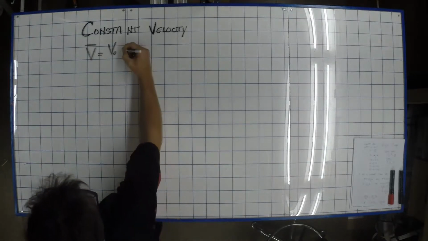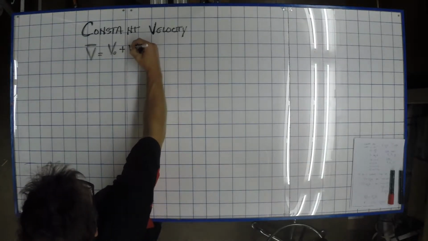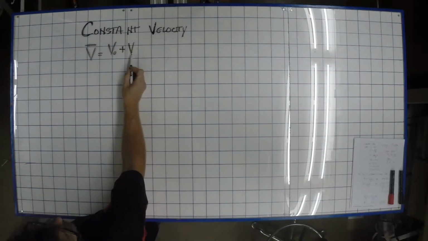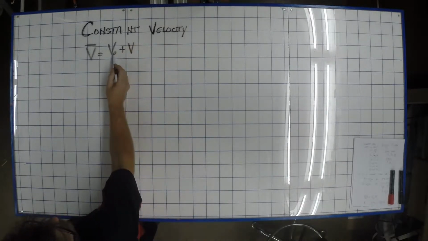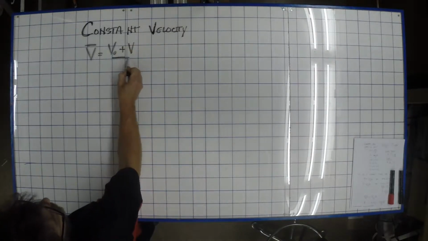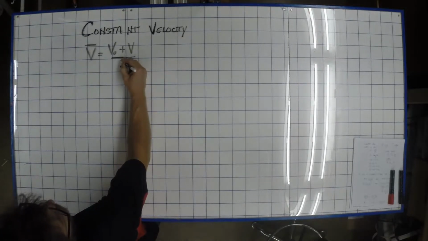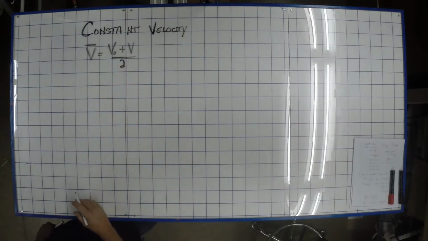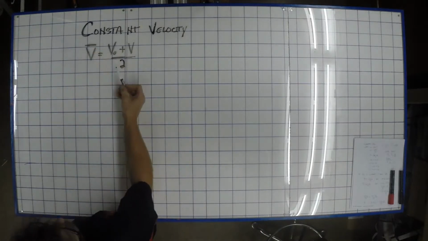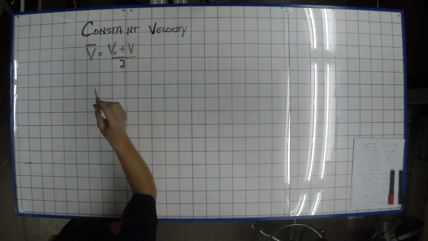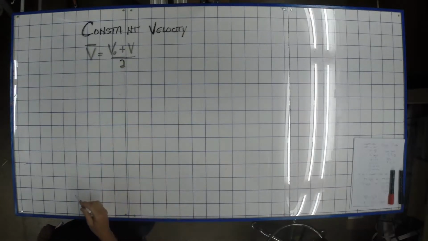And how do you average 2 numbers? Well, you add them together. So this would be, of course, your final velocity at some later time. This is your initial or starting velocity. You would add them together and divide by 2 because you are literally finding the average. This actually won't work if your acceleration isn't constant.